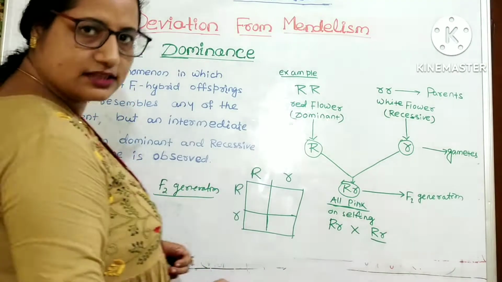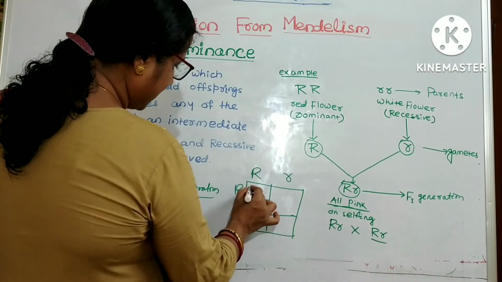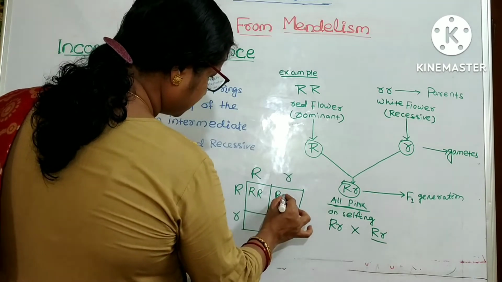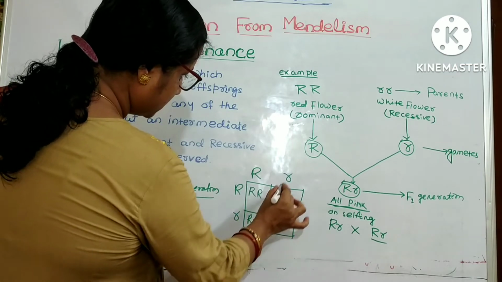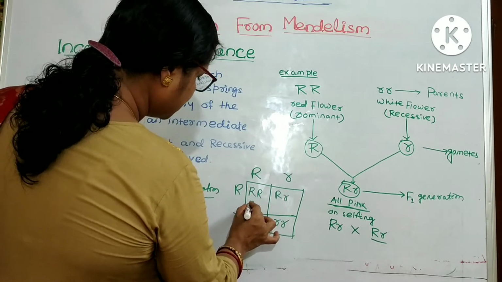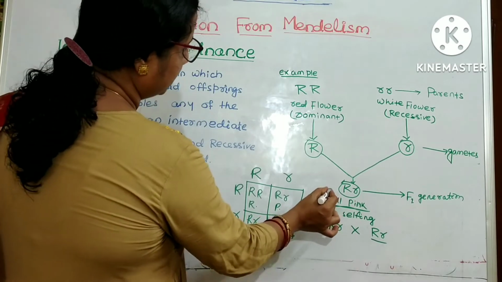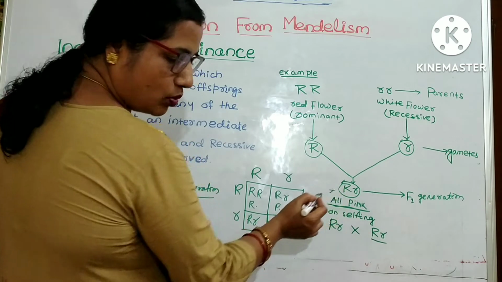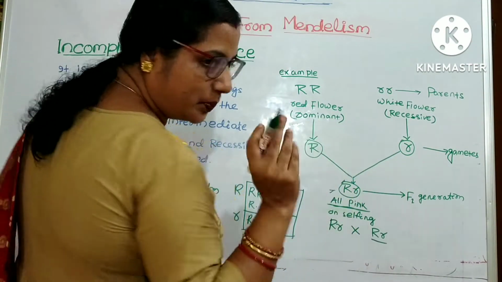This is red. This is pink. According to incomplete dominance, when capital R and small r combine, it expresses the color pink.